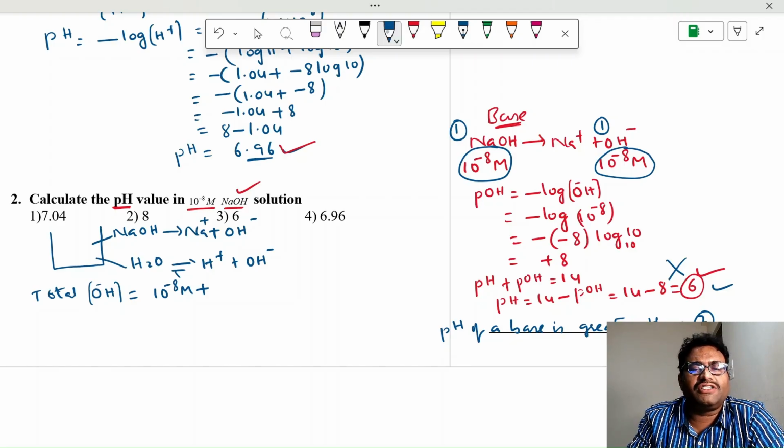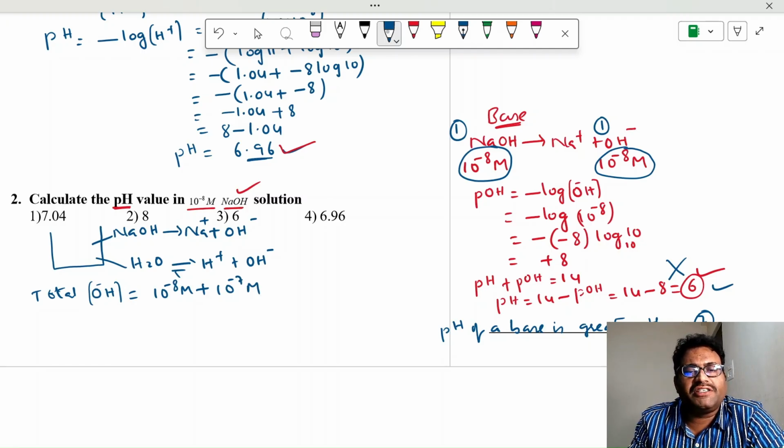We know that the OH minus ion concentration at 25 degrees centigrade is 10 power minus 7 M. This 10 power minus 7 is from the dissociation of water. From water also we have OH minus.